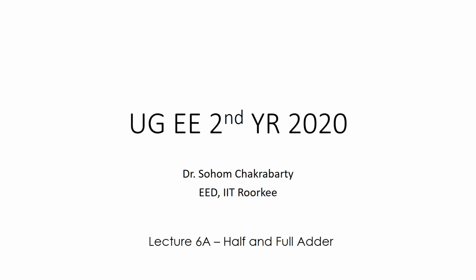So before beginning this lecture, just a quick recap of what we have done so far. After learning the number systems and all those things, we came to understanding the logic gates. So the Boolean algebra.